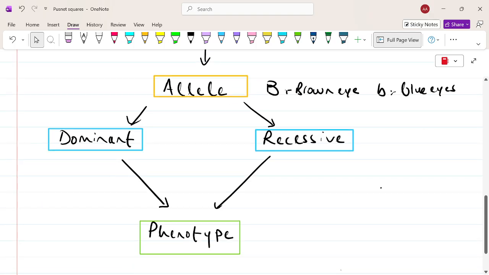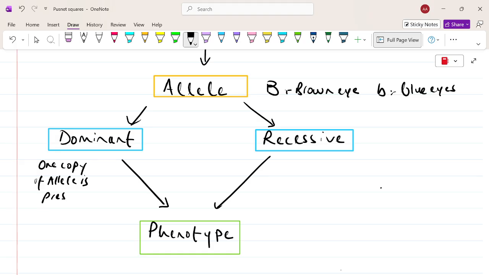Now there are different types of alleles. We have the dominant and recessive. So the dominant allele is the one that is expressed when even only one copy of the allele is present.